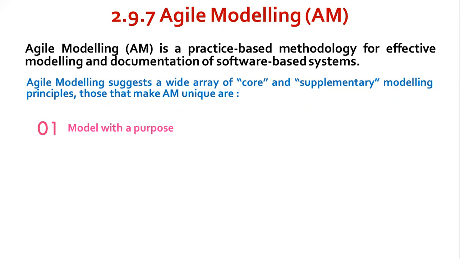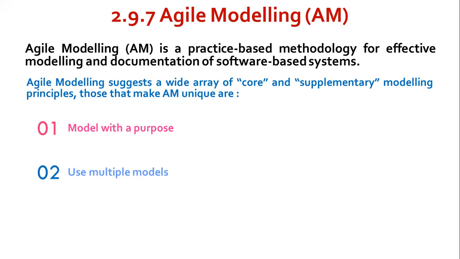Here, a developer who uses the agile model should have a specific goal in mind before creating that particular model. Once the goal of the model is identified, the type of notation to be used and the level of detail required will be more obvious. And the second one is use multiple models.